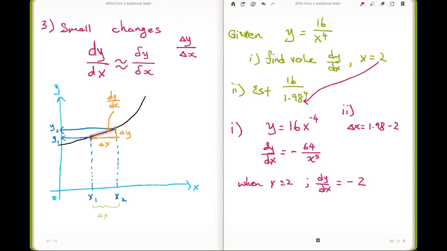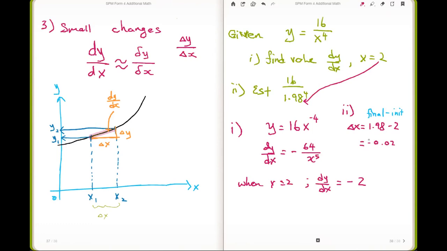This is the final value, subtract the initial. So therefore it turns out to be a negative number, negative 0.02, meaning it shrinks by 0.02.